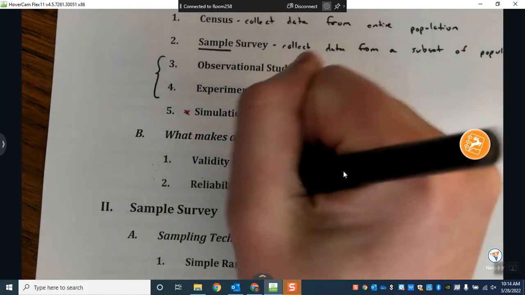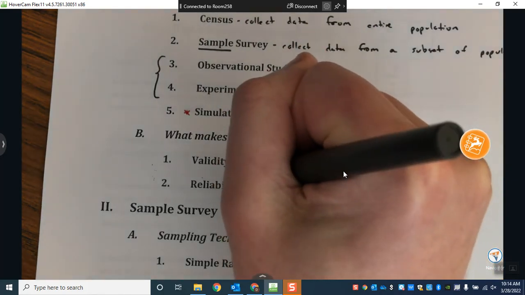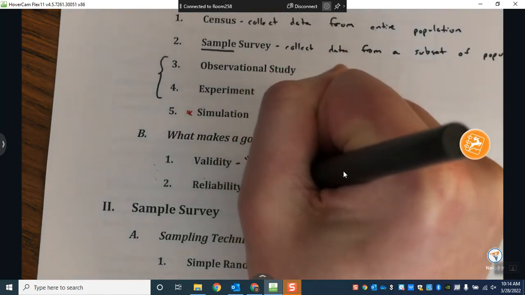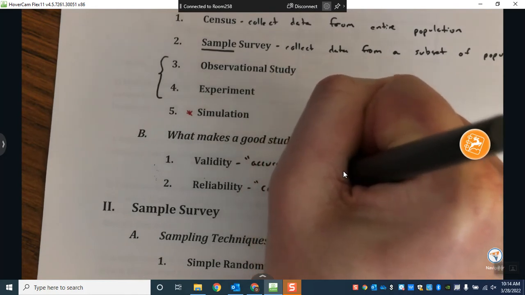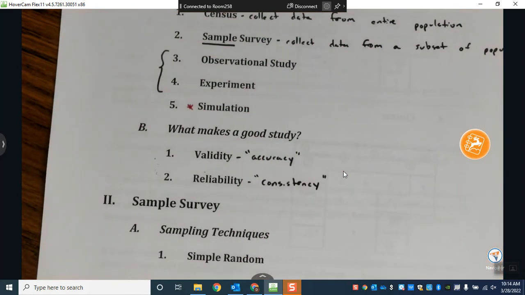That's different from reliability. Reliability has to do with consistency. Would this instrument provide repeatable results if I gave it multiple times?